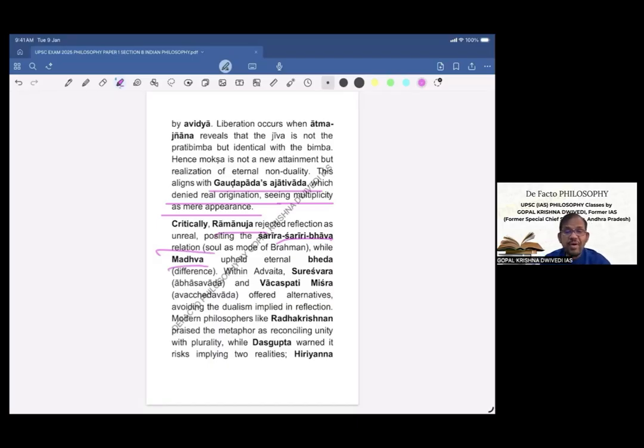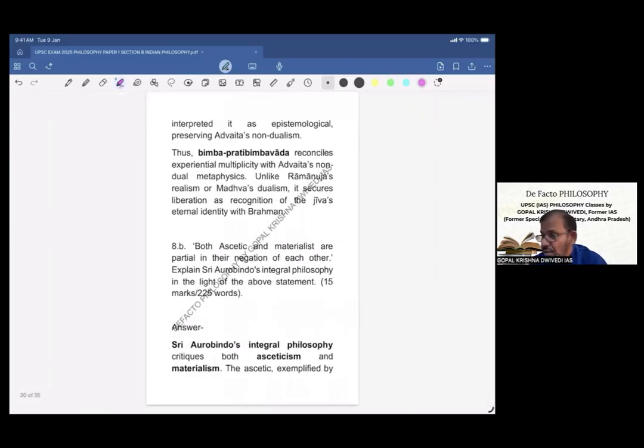Sureshwara and Vachaspati Mishra offered alternatives, avoiding the dualism implied in reflection. Modern philosophers like Radhakrishnan praised the metaphor as reconciling unity with polarity, while Das Gupta warned it risks implying two realities. Hiriyanna interpreted it as epistemological, preserving Advaita's non-dualism.